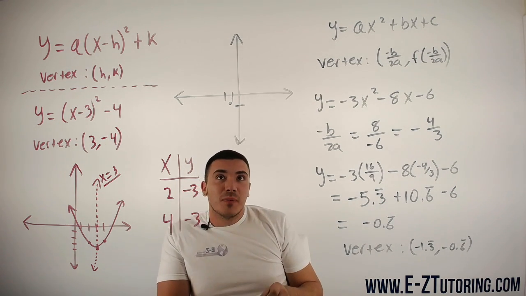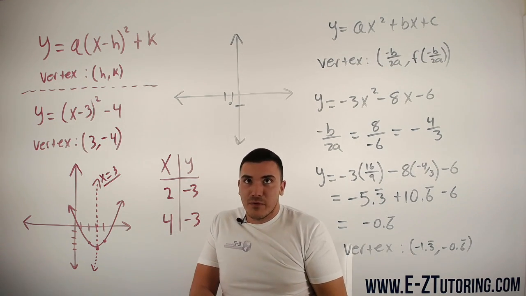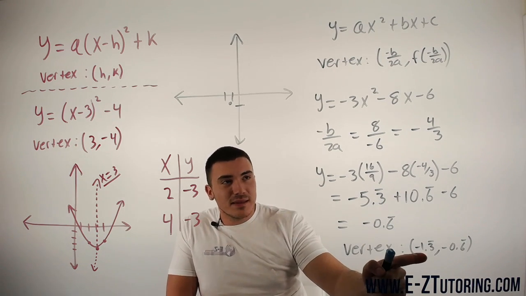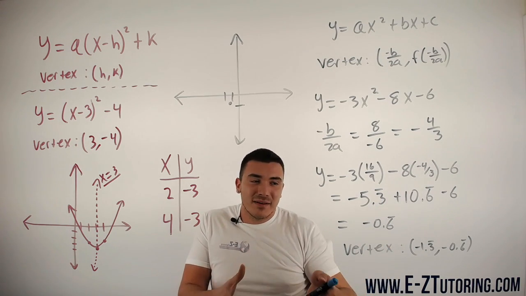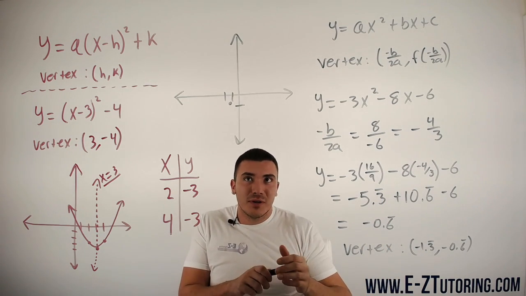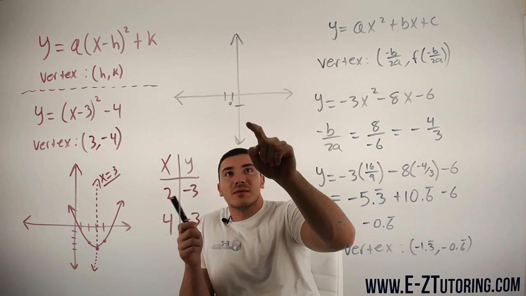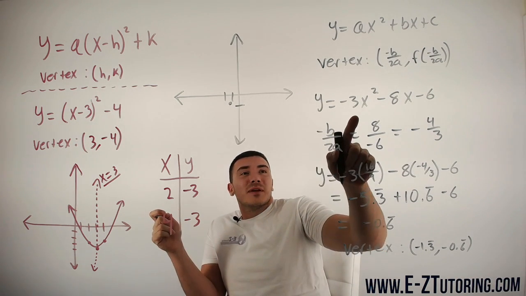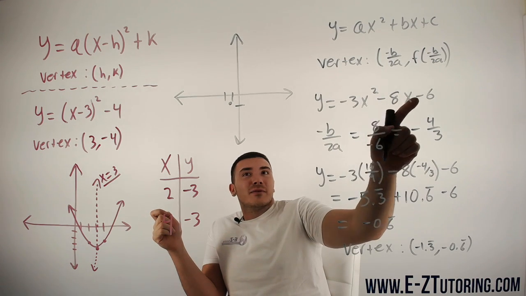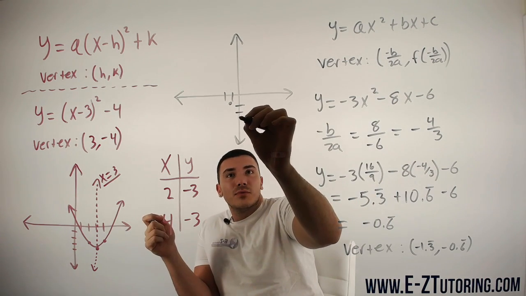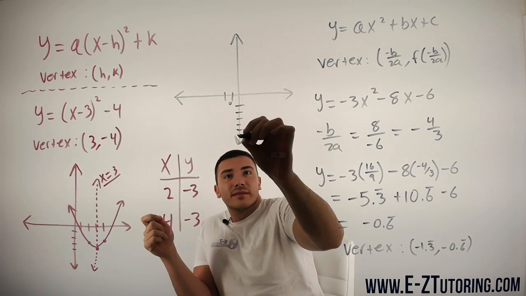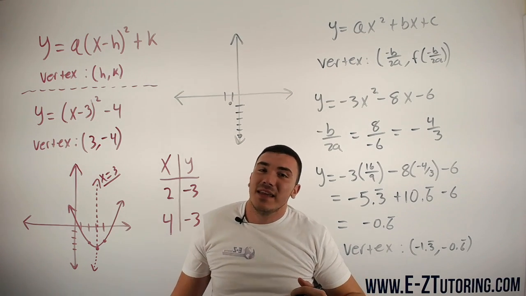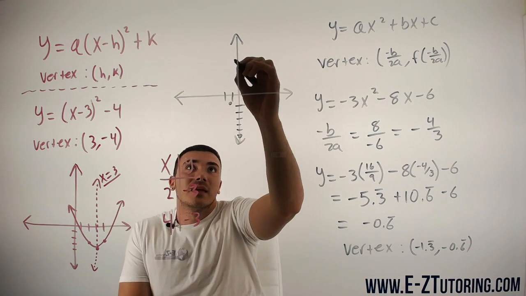And then you just want to plug in some points to the left and right of your vertex. Now, since this is a decimal, it's kind of hard knowing what you're going to choose, so we can choose some easy ones. We can choose 0, for example. If we plug in a 0, we get 0 minus 0 minus 6. 2, 3, 4, 5, 6. And that's going to be the easiest point to plot.